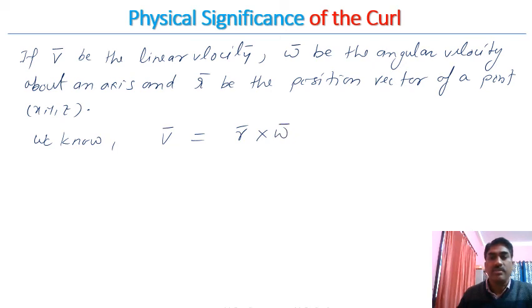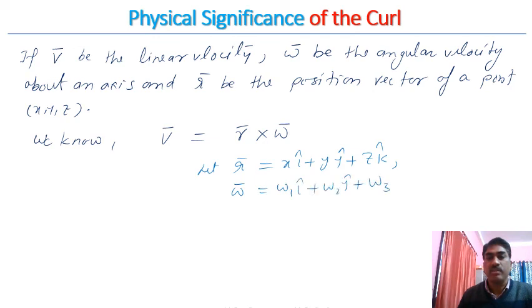Now let us write these in components. So let r be given as xi plus yj plus zk, and omega be given as omega 1 i plus omega 2 j plus omega 3 k. Then what is r cross omega?